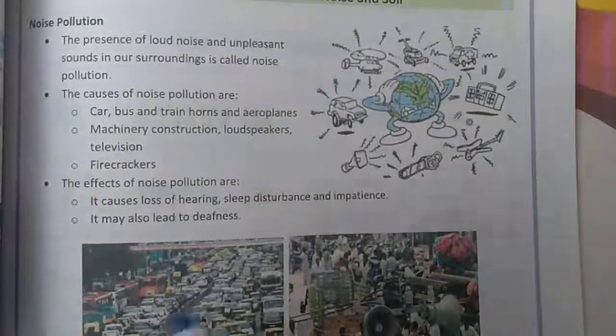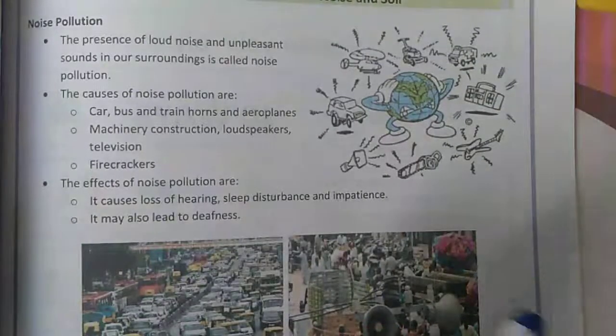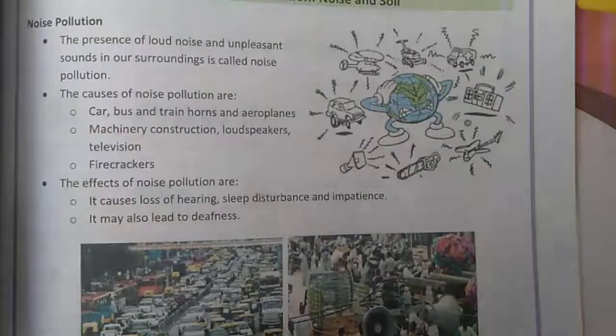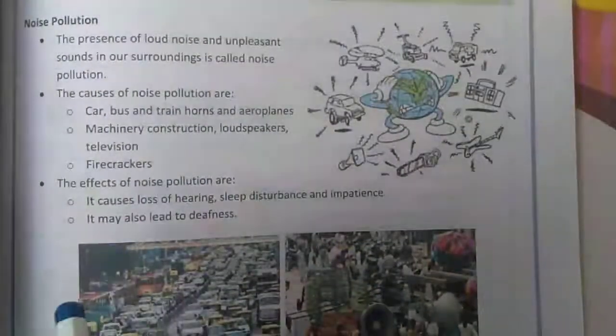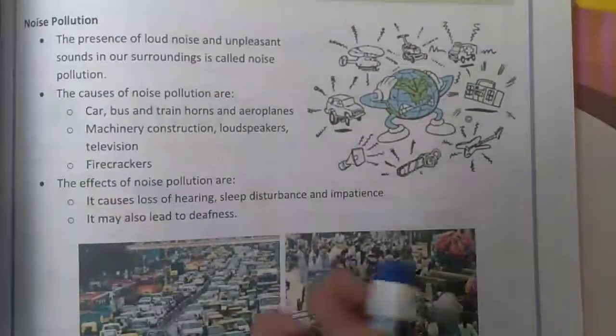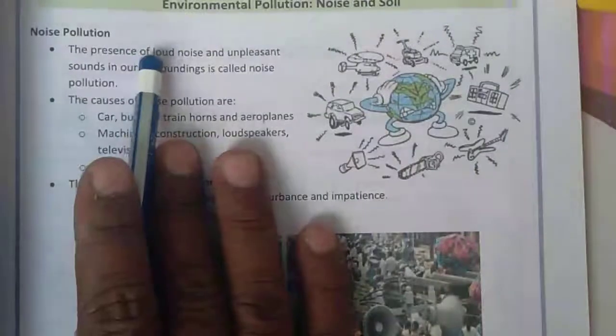In water pollution, we know that some industrial waste is mixed into water, and unwanted chemicals are also mixed into water, and due to that water pollution is there, and water pollution has a bad effect on plants, animals, as well as aquatic life. After that, we took information about noise pollution.